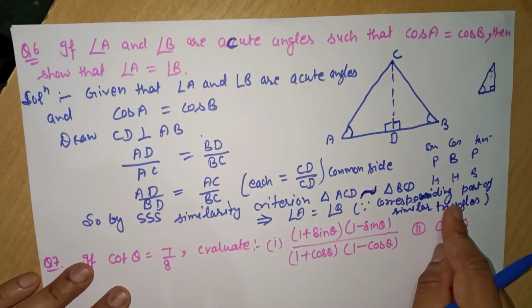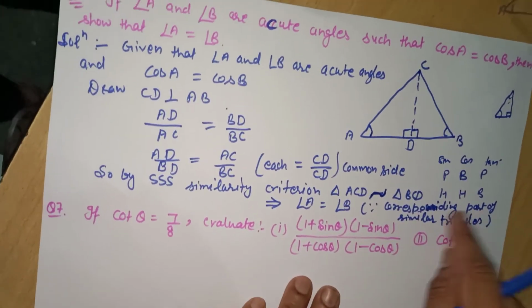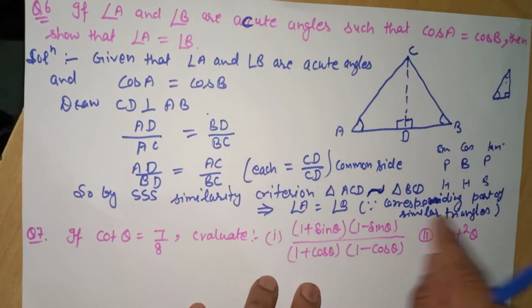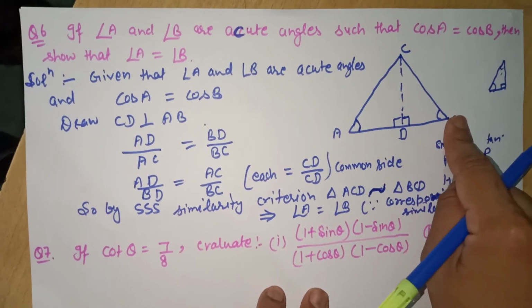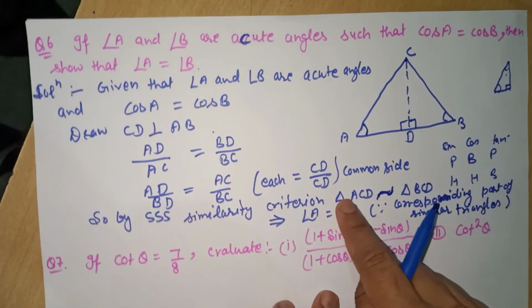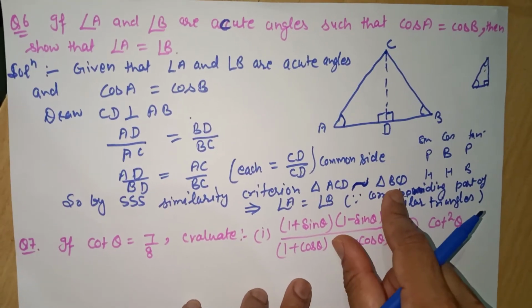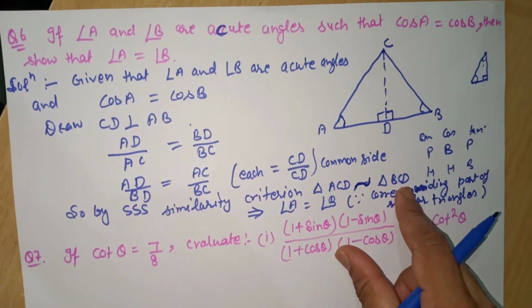We will write the reason here, that the corresponding parts of the similar triangles are equal. That's why angle A is equal to angle B. Both these triangles we have proved here similar.